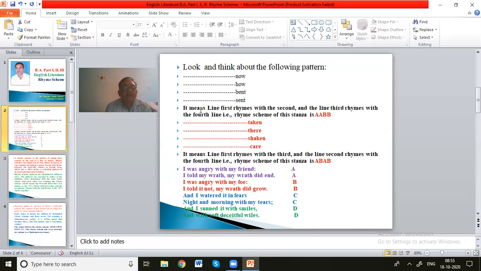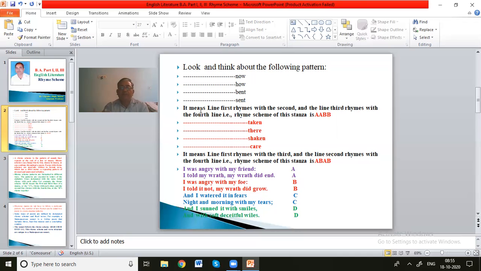Similarly, let us take another example. Suppose there is a line that begins and the last word is "taken." Let us say this is sound A. Similarly, the second line begins and the last word is "there."